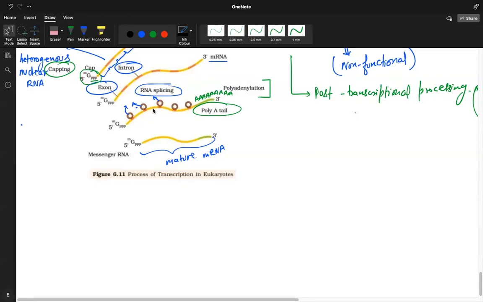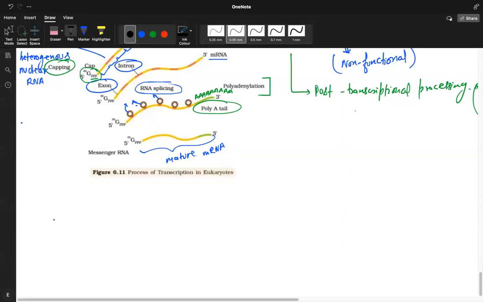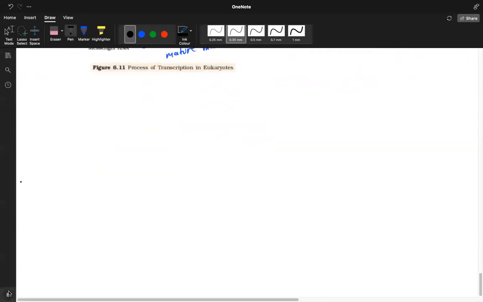In both the processes that we have studied till now, which are replication and transcription, what are we doing? What is the cell doing? Can you tell me quickly? What is the gist, in shortcut, if you want to tell me? What is happening in both transcription and replication?